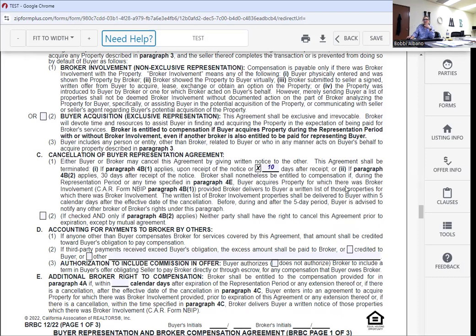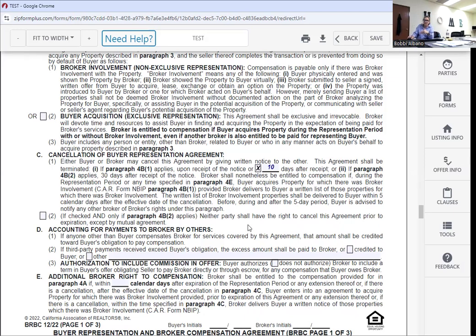Okay. And then after the termination of the agreement, you as the broker, if you were in a non-exclusive agreement, then you need to deliver to the buyer a list of all the properties where you had broker involvement. So any properties that you took that buyer to see within the time frame of this agreement, you're going to give those to the buyer. And if the buyer goes into an agreement with another agent, then he's got to list those properties on the new agreement so that the new agent is aware, hey, if you close on any of these properties, then compensation is owed to the previous agent.